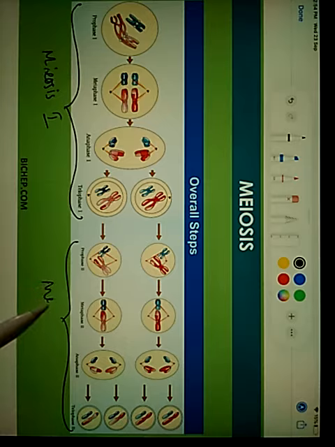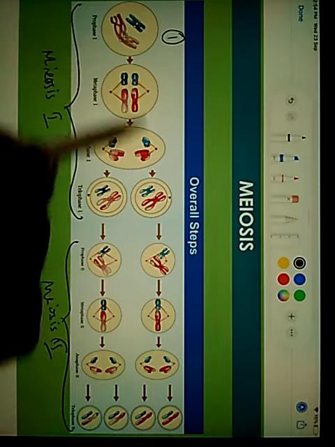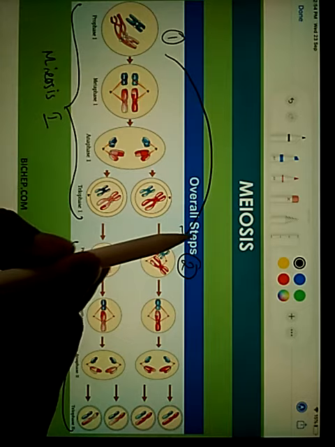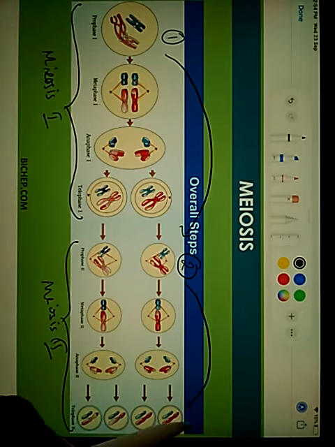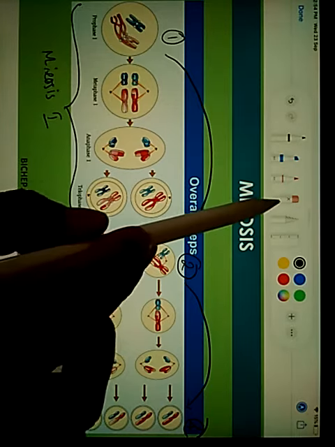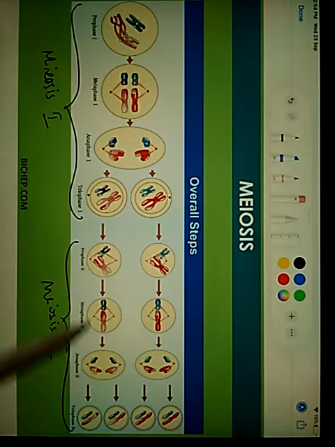And this is meiosis 2. So here one cell is there, here 2 cells are there. So 1 becomes 2 and 2 becomes 4. So 4 haploid gametes will be produced.